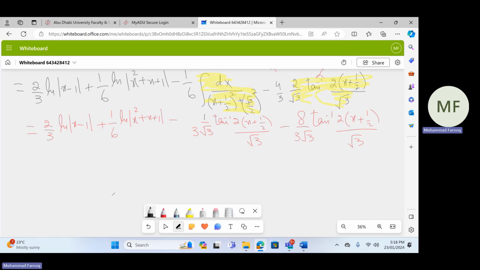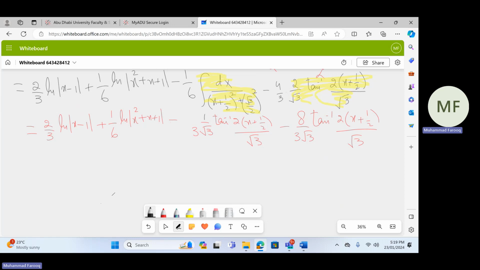Anyway, this and this you can combine. I think it becomes minus 1 minus 9 by 3 root 3. Then the 9 cancels, and I think it comes to 3 over root 3.